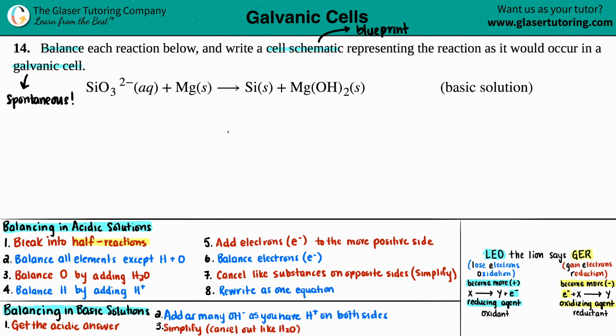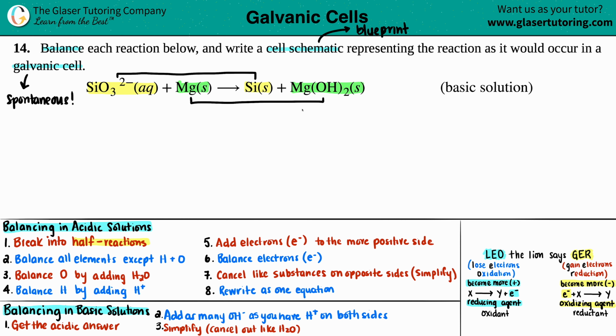What you're going to do is link up like species. So I say to myself, okay, I got a Si and an oxygen, right? I got a -2 charge here. So I look on the other side and I say, which one does it link up with? Well, here's the silicon. So these 2 will go together. So that only leaves room for magnesium, Mg solid, to link up with magnesium and OH. So these 2 will go together.